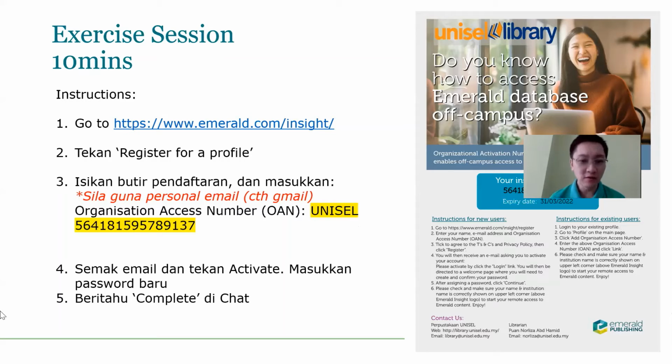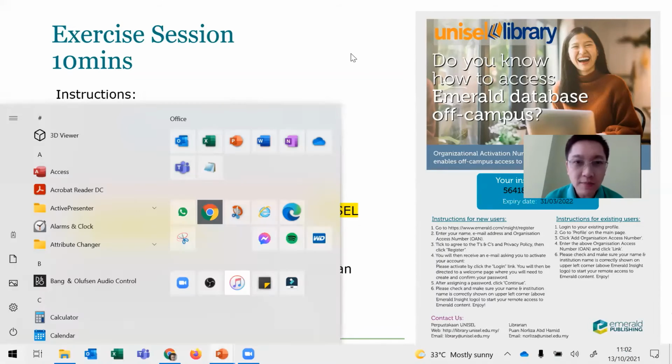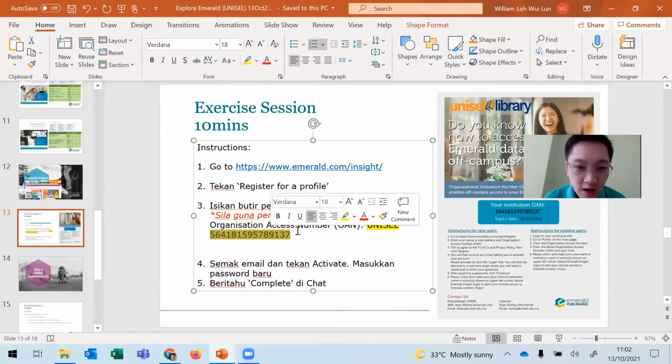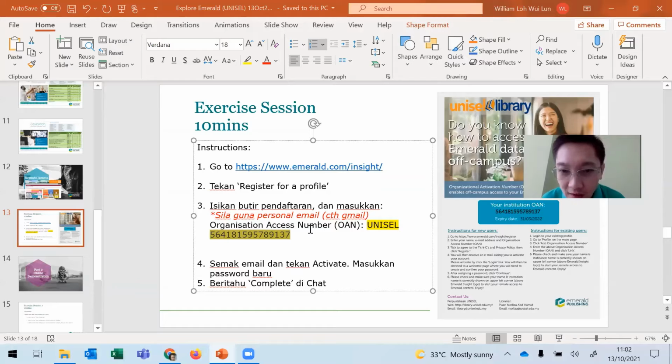OAN was wrong? Let me recopy. I use emerald.com. Okay, emerald.com is emerald.com. Let me copy paste again. Server error.